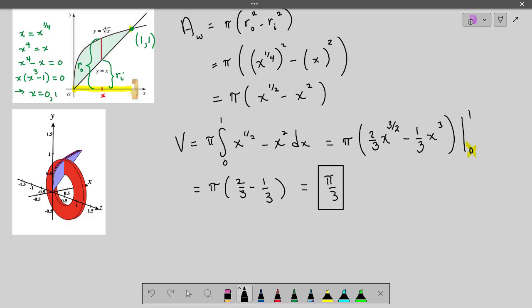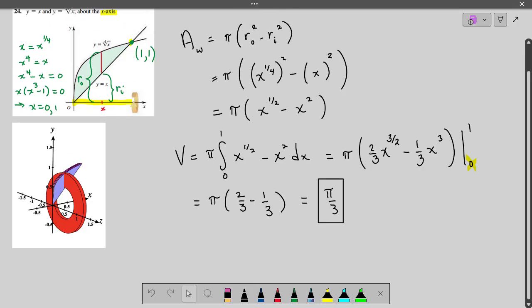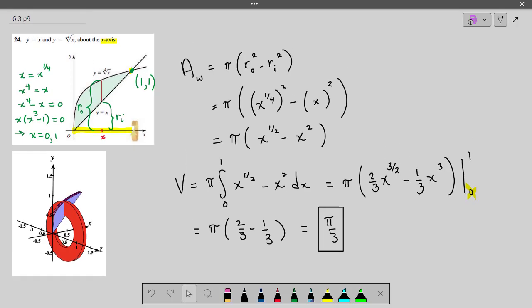Any questions? Yeah. Could you go over again how you got the area formula, the very top one, r sub o squared minus r sub i squared? Does this formula up here make sense at that stage? Yeah. So you could think of this as pi times the outer radius squared.